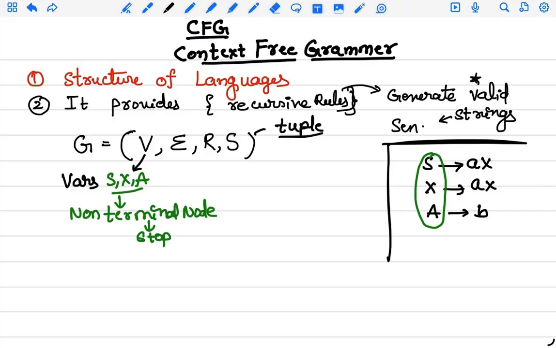For example, if we consider S equal to AX, first we write S equal to AX. Again X we write AX, right? Again we replace X with AX. Like this, it is recursive. It is infinite. So these are called non-terminal variables, friends.